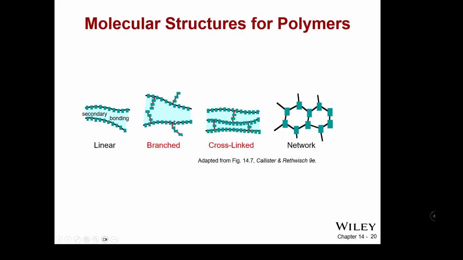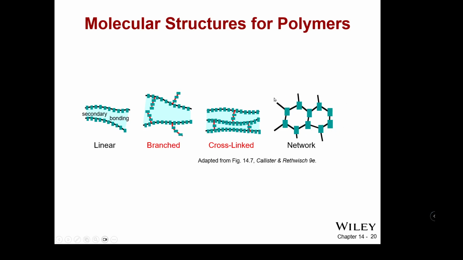So all of these red additions are the branches added to the backbone. Then there's cross-linked, when those branches get covalently linked across chains. So cross-linked is the best way to think of something like a rubber band, is an example of a cross-linked chain.